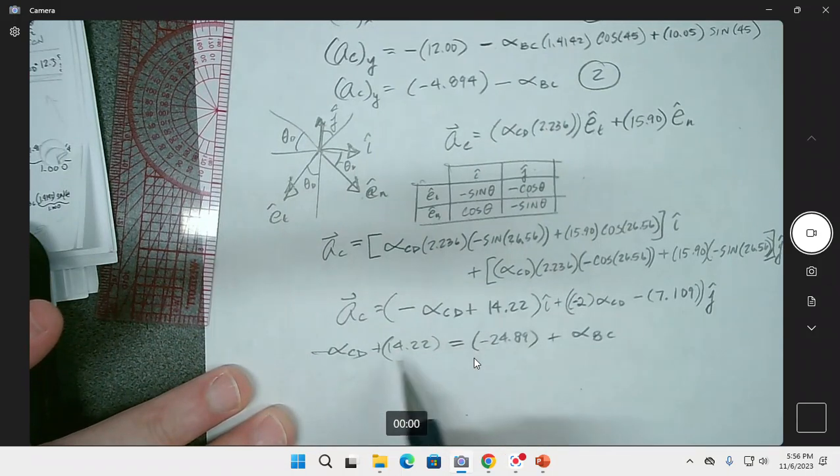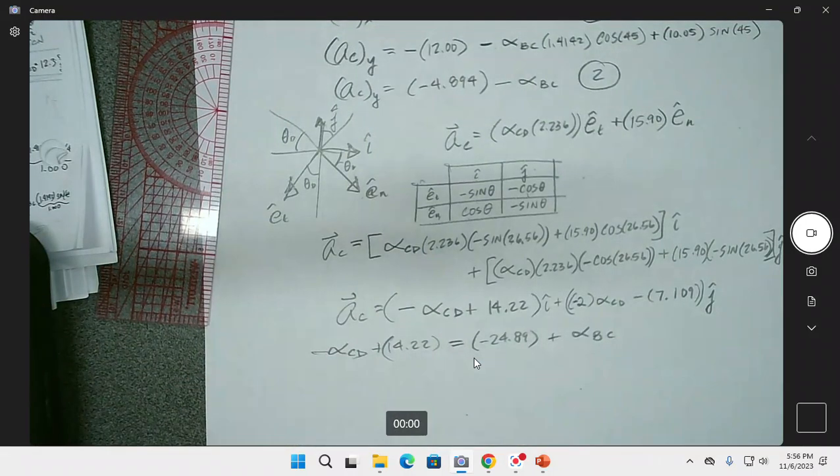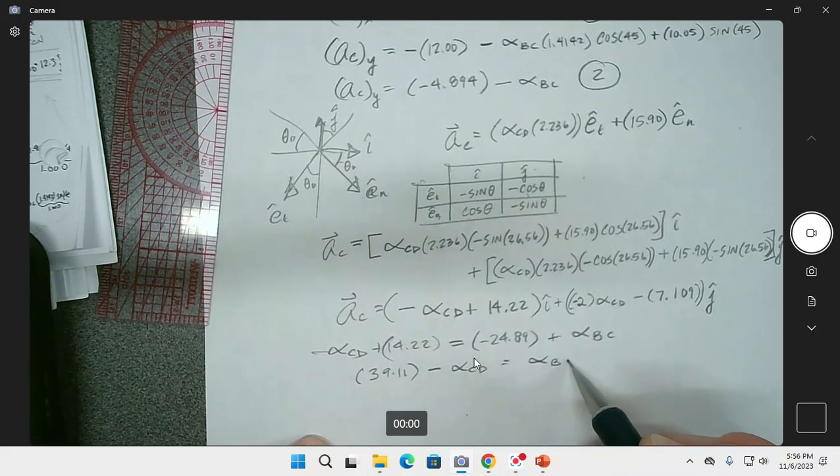We could put either one that we want to right now. Let's go ahead and move this guy over to the side, so you're going to end up with 14.22 plus 24.89. Let's add them together. So we're going to go 39.11 minus alpha CD is equal to alpha BC.